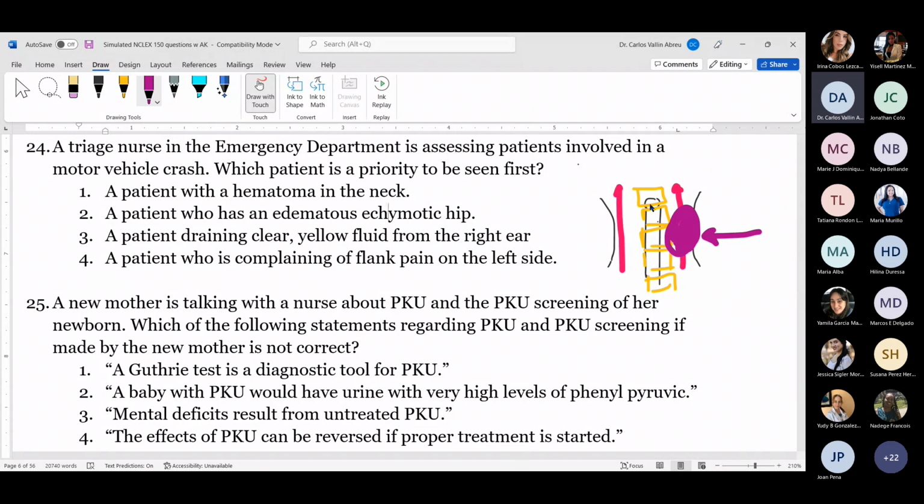So now we have a patient with just a leak of cerebrospinal fluid, don't add anything to the question, and a patient with a neck hematoma. Both are emergencies, but which one do you think needs to be seen first? Obviously, one.